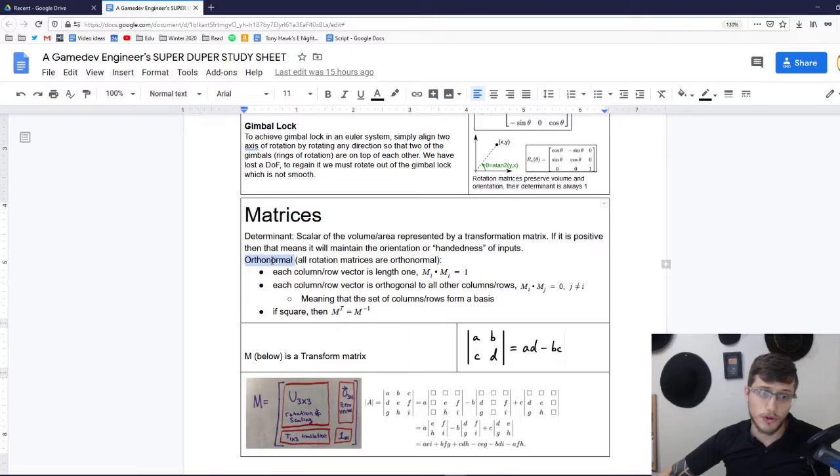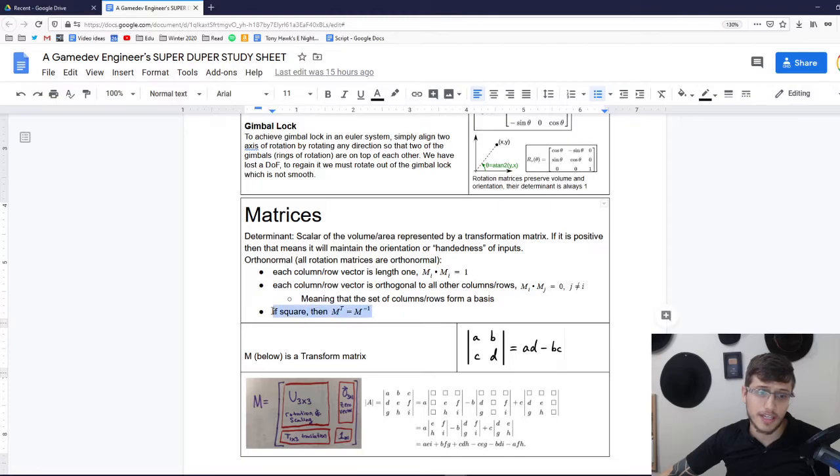And if it's orthonormal, then this means that, for example, any column vector is going to be of length 1, and any column vector is always going to be orthogonal to all of the other column vectors. And the same applies for any row vector. It's length 1, and it's orthogonal to all other row vectors. That means that the set of columns or rows forms a basis.